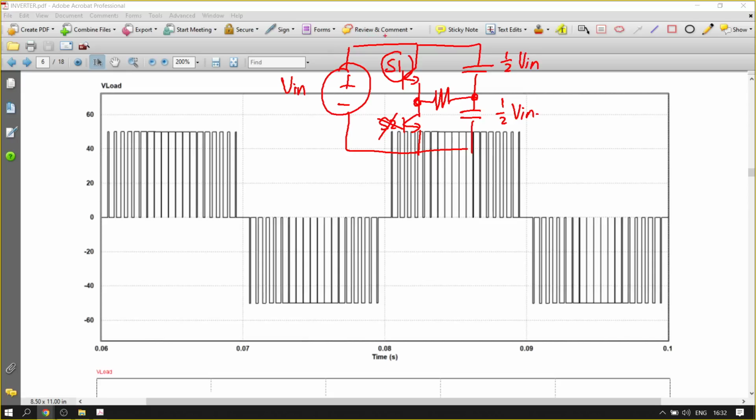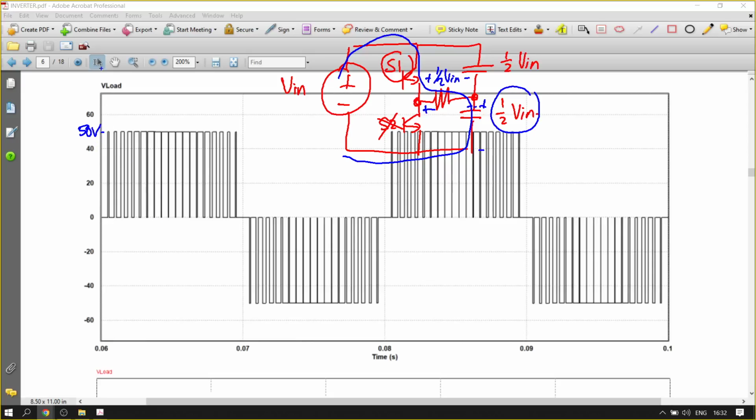So kita ada buat jalan through here, and then come back to there. Jadi, so V out dekat sini plus minus akan jadi positif V in, ada half V in kat sini, so sini pun sebenarnya ada plus minus half V in kat sini. Jadi, sini plus minus half V in, so kalau kita tengok sini 50 volt kat situ.